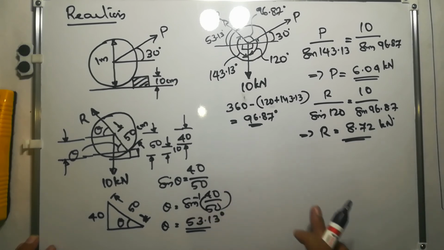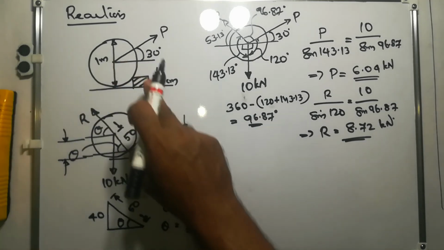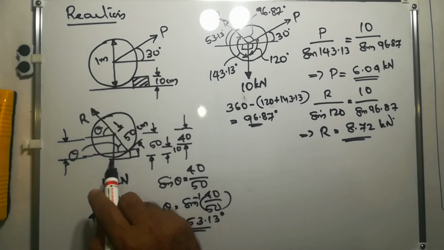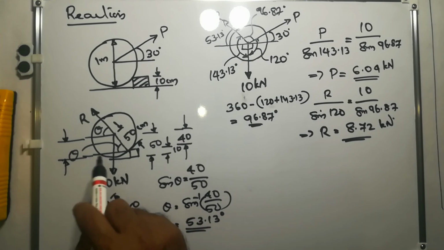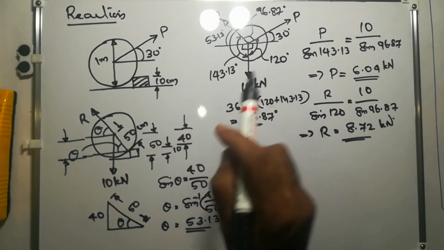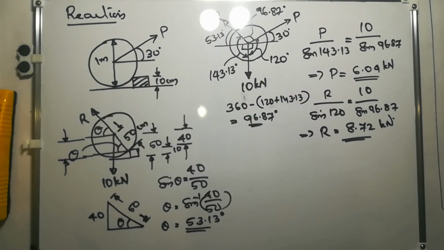So in this problem, what we need to consider is that when the roller is just above the ground, that is just about to overcome the obstacle, the roller will not be touching the ground, so there will not be any reaction from the ground. That means the roller is in equilibrium under the action of P, 10 and R, the forces.